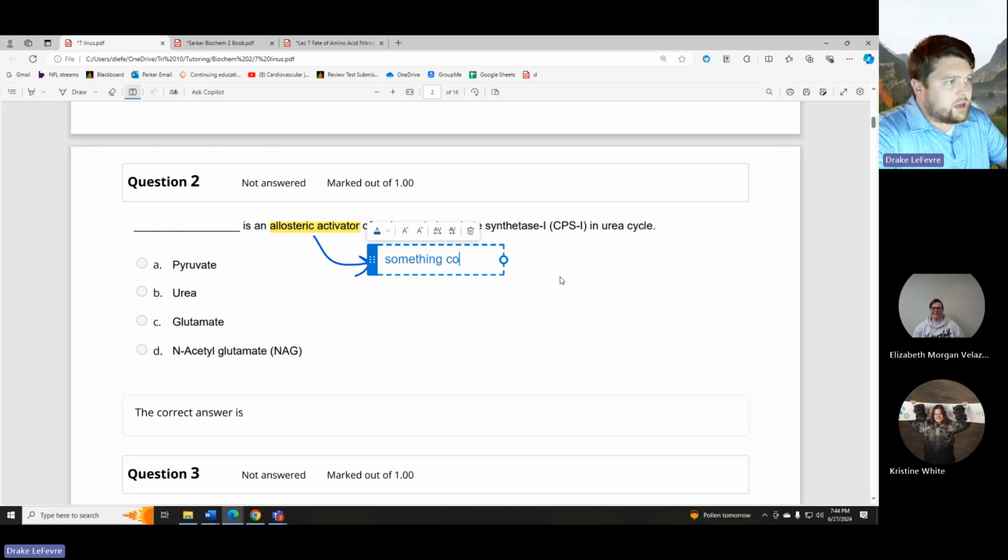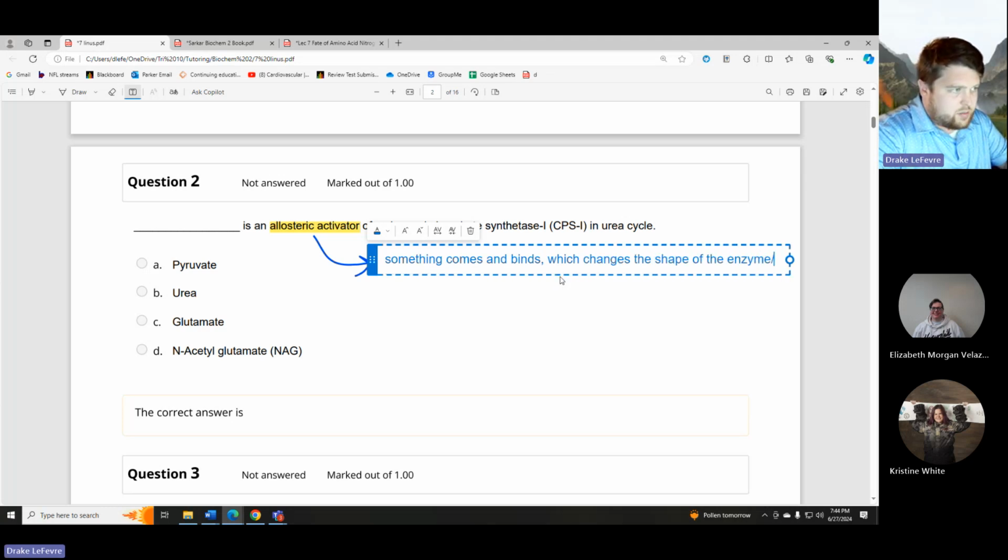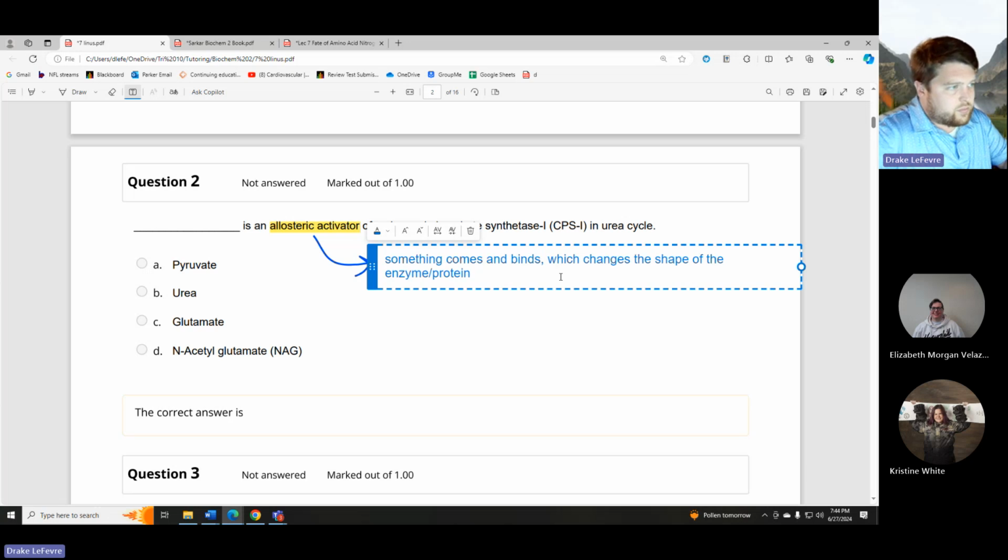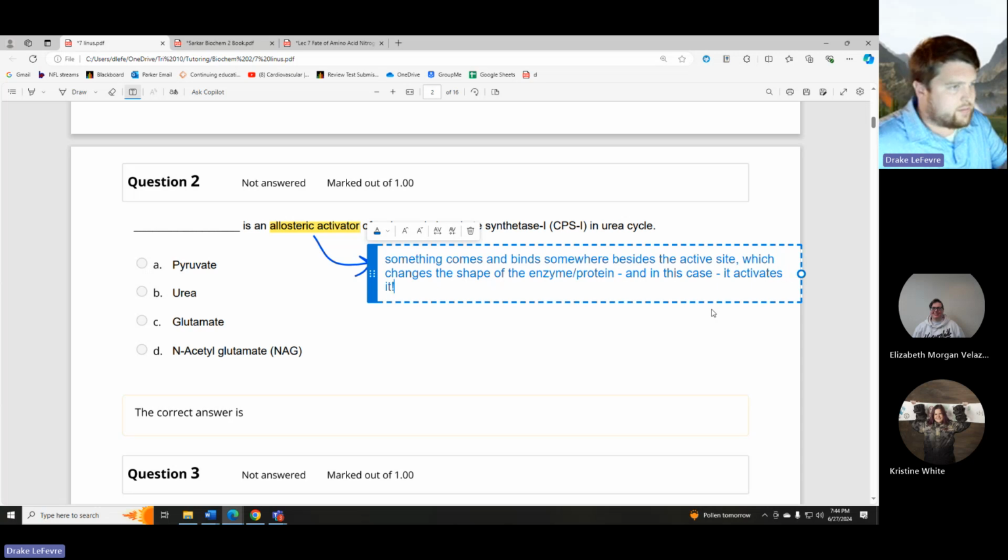So something comes and binds, which changes the shape of the enzyme slash protein, binds somewhere besides the active site, which changes the shape of the enzyme protein. And in this case, because it's an activator, it activates it.